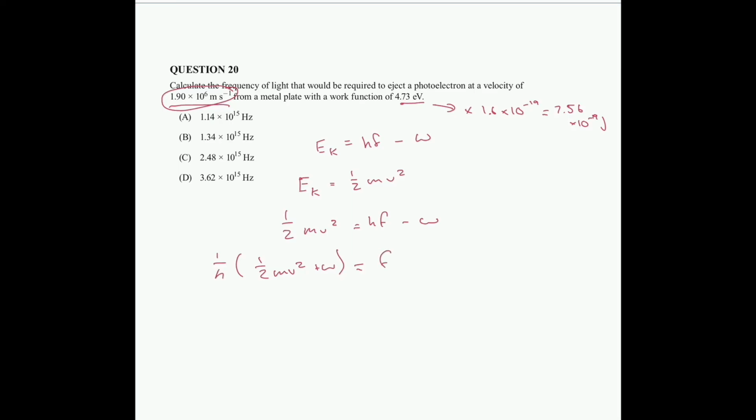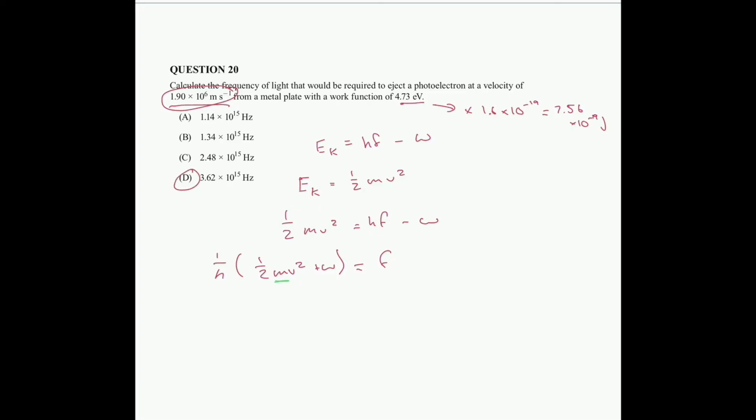Punch my variables into the calculator. Remember what you're looking for: you've got to go into your formula book and find the mass of the electron that has been ejected. And what you end up yielding is 3.6 times 10 to the 15 hertz. So that ends up being option D.